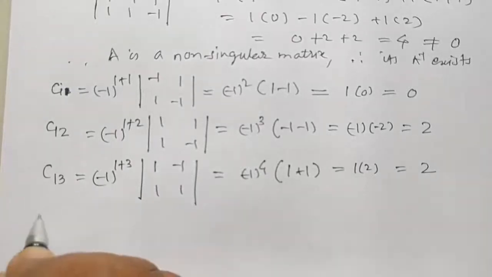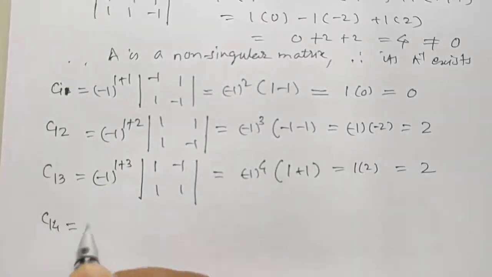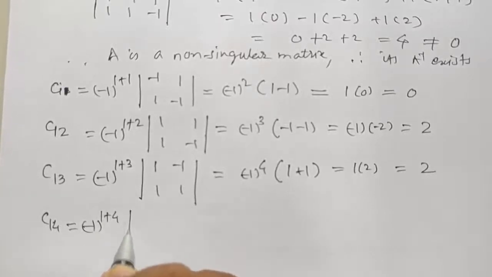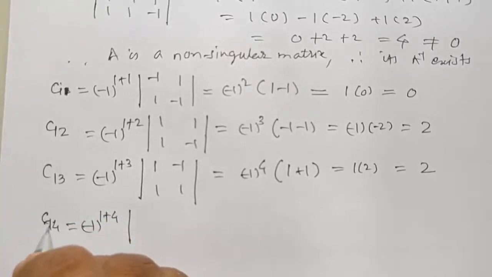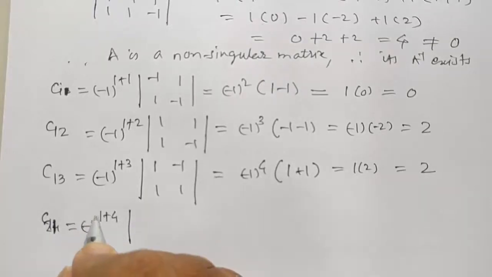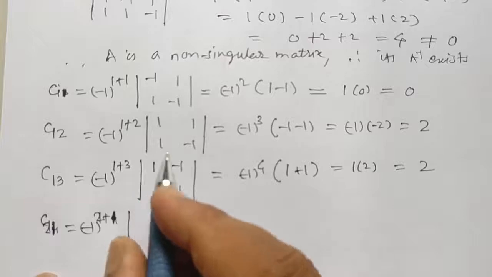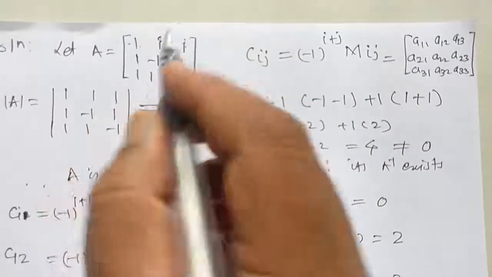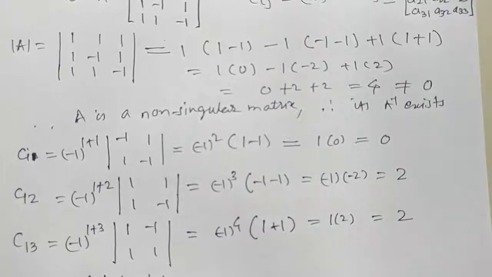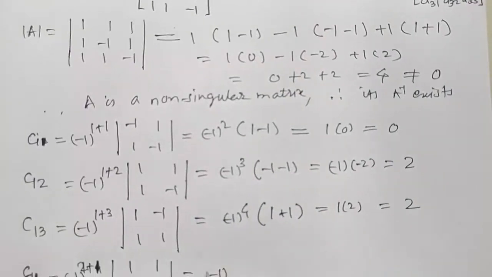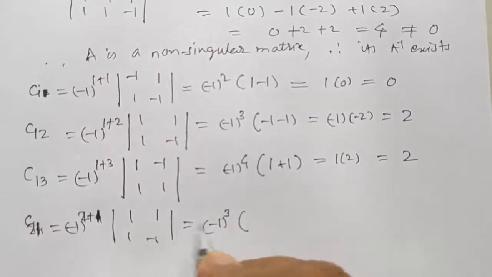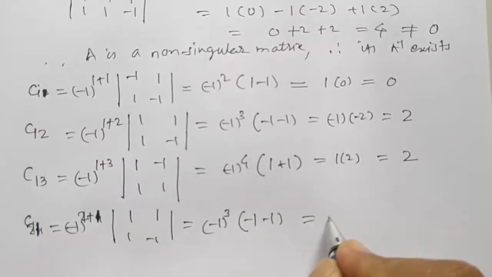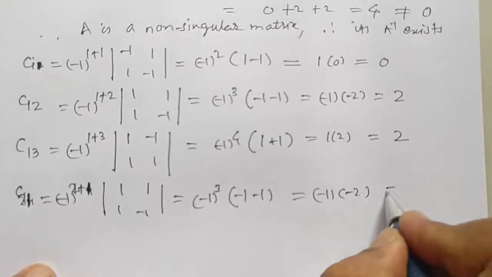Next, C21, minus 1 raised to 2 plus 1. Deleting this row and column, we get 1 1, 1 minus 1, equal to minus 1 raised to 3 into (1 into minus 1 minus 1 into 1), that is minus 1 into minus 2, which is equal to 2.